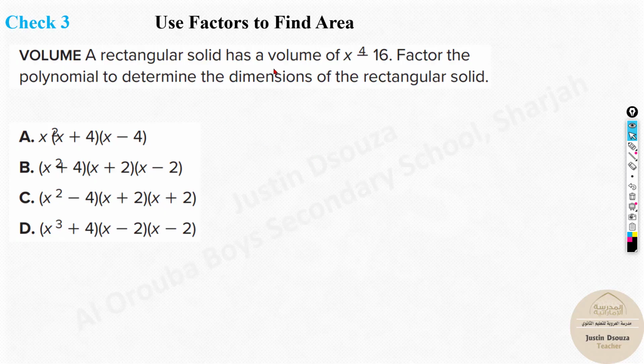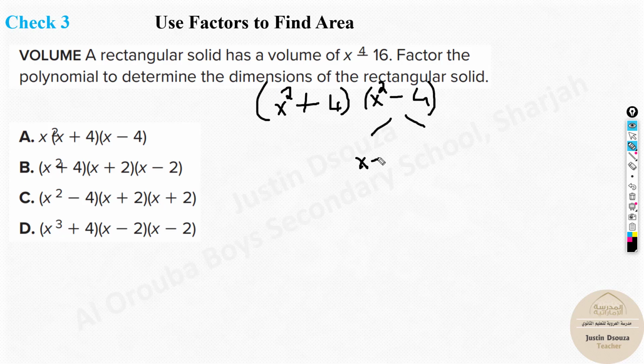Here, a rectangular solid has a volume of x to the power 4 minus 16. Factor the polynomial to determine the dimensions of the rectangular solid. We need to just factor it out. It will be x squared minus 4, x squared plus 4. Why did I write minus over here? Because this is factorable again, right? Over here you can write x plus 2, x minus 2.